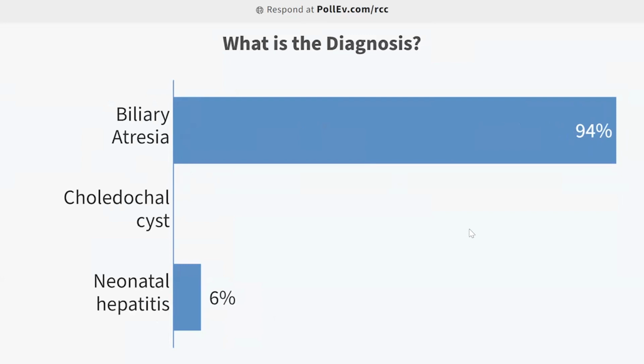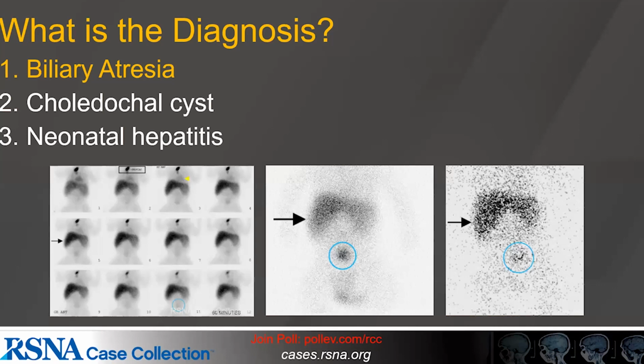Okay, looks like the majority had biliary atresia and some of you had neonatal hepatitis. So let's go to the next slide. The correct answer is biliary atresia. What we see in this case is delayed clearance of hepatic activity, which is marked with a black arrow, with absence of bowel visualization at 24 hours, which would be most concerning in the setting for biliary atresia.